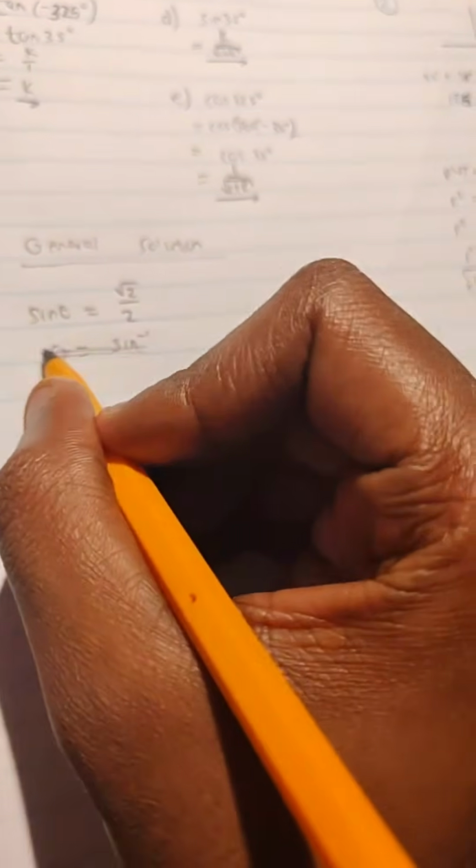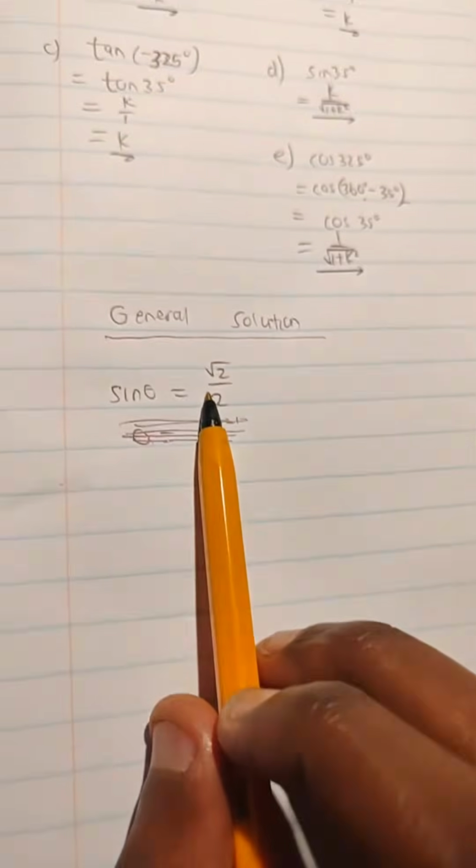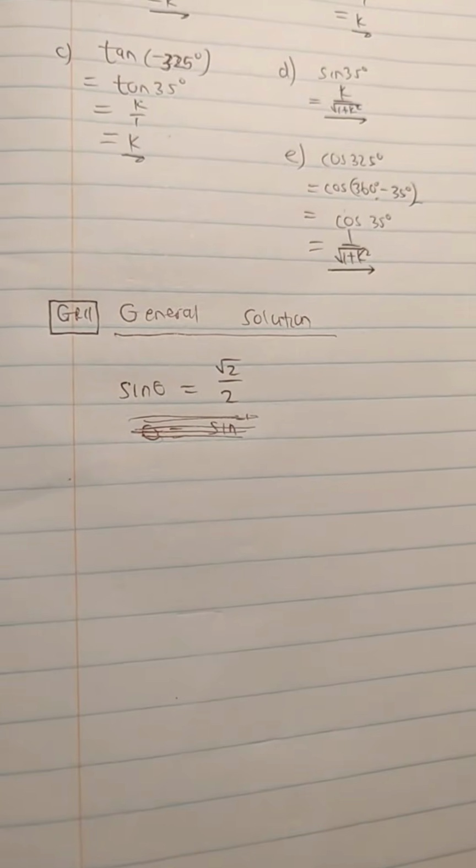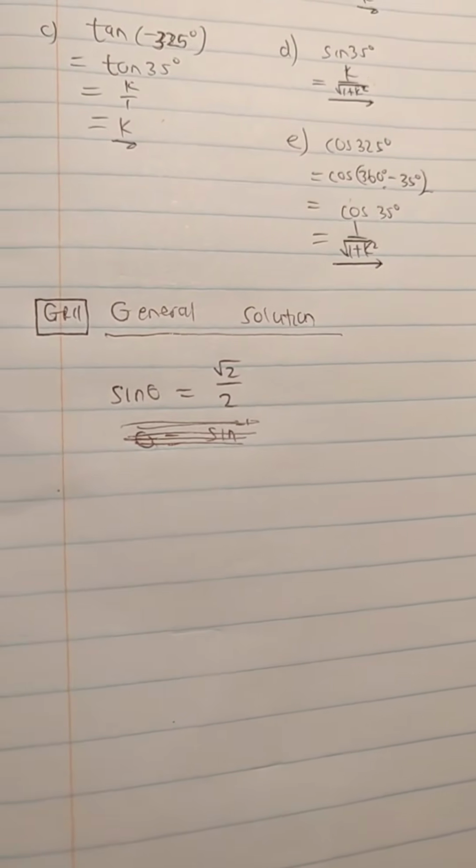Sine theta is equal to root 2 over 2. When you are doing grade 11 general solution, the objective is to find a general solution that will accommodate any angle we want to find in any quadrant, whether that be within the 0 to 360 interval, or beyond the 0 to 360 interval.